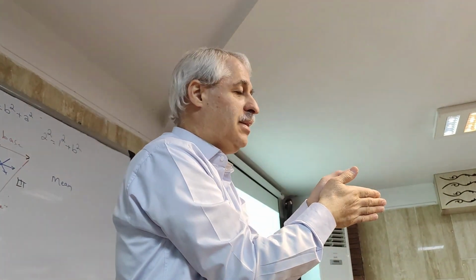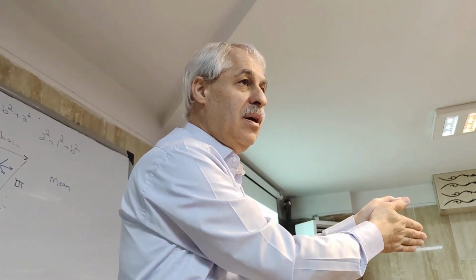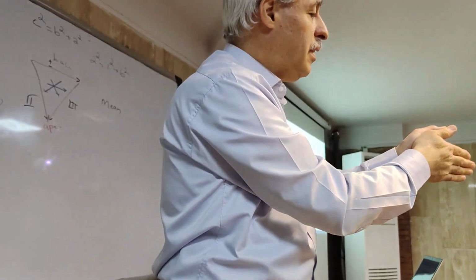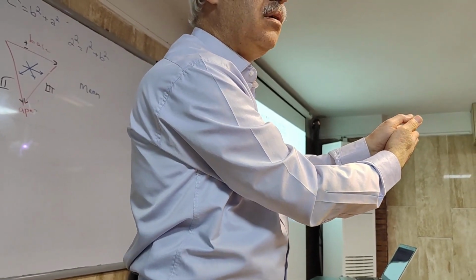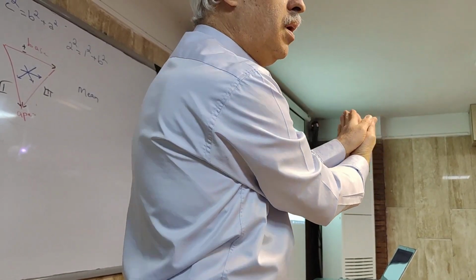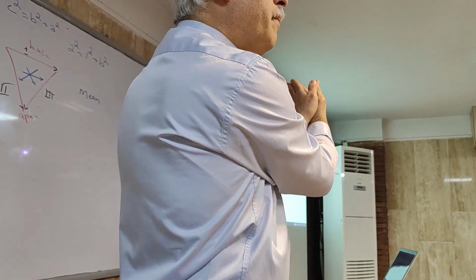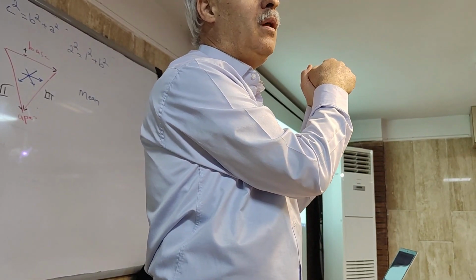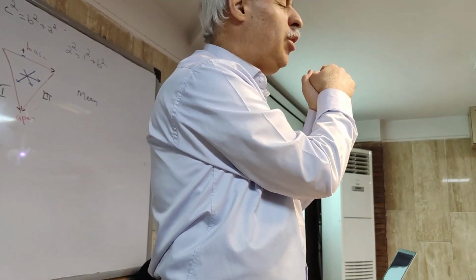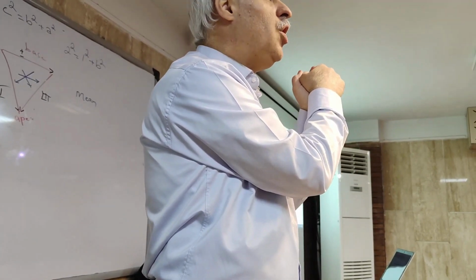The mean QRS axis is 60. When it is shifted to the left, that could be less than 60. For example, 30, 0, minus 30, up to the normal mean cardiac axis.